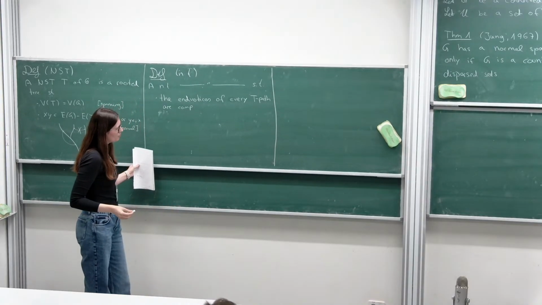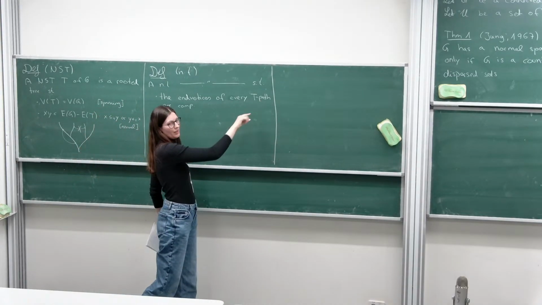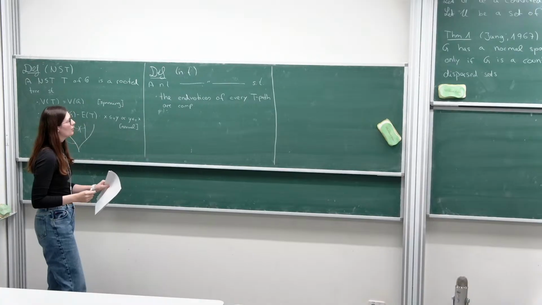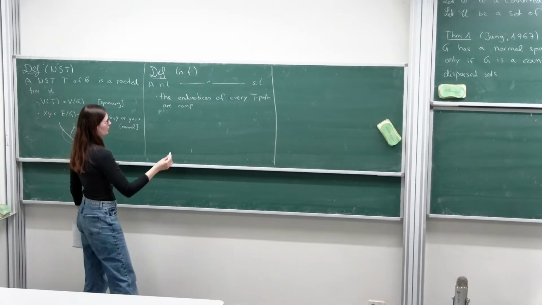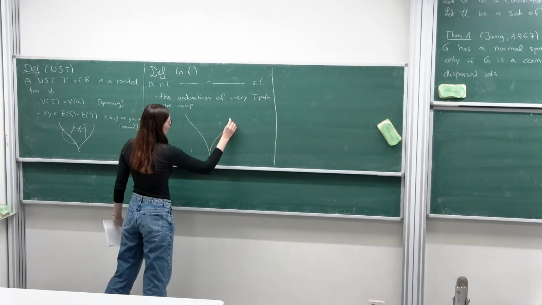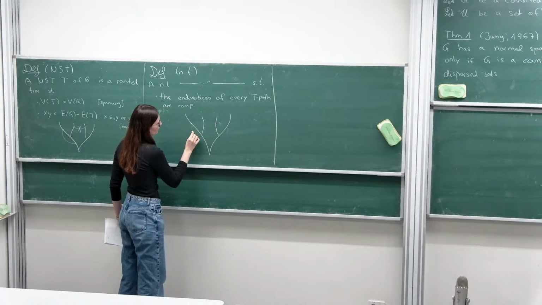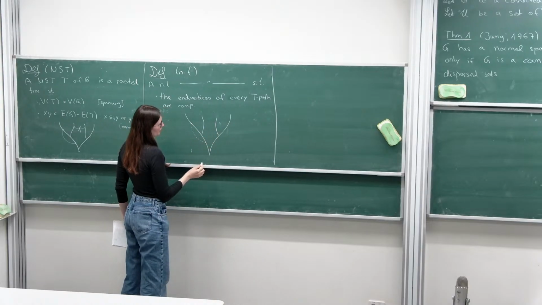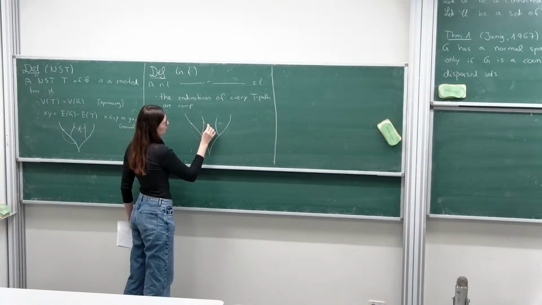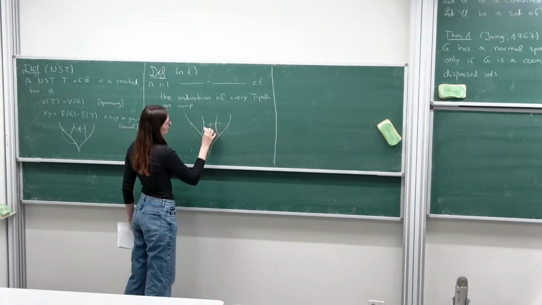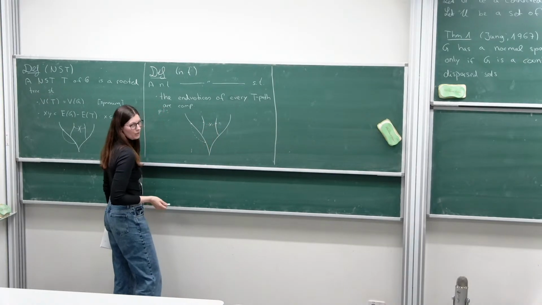So what is a T-path? With T-path, I mean that the end vertices lie in our tree, but the inner vertices don't. So the picture looks quite the same. So whenever I have a T-path, I want that the end vertices are comparable in T, and what I don't want is paths that look like this, so that the end vertices are not comparable in our tree order.